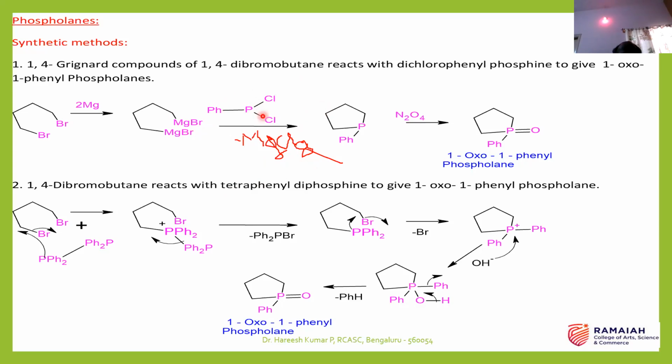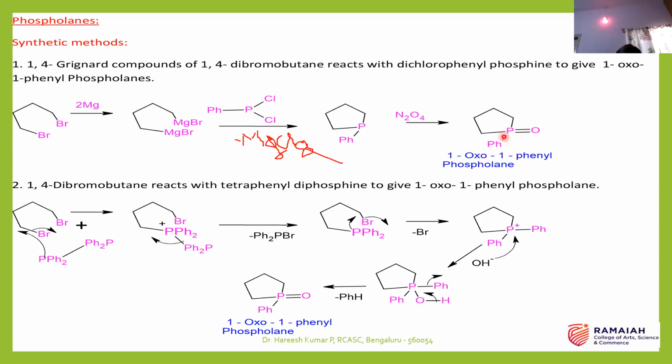And what is the name of this compound? In this compound, you can observe that 2 chloro groups are there, so the name of this compound is dichlorophenylphosphine. So it means that a Grignard reagent, more particularly the 1,4-butane dimagnesium bromide, when it is treated with dichlorophenylphosphine, gives 1-phenylphospholane. When this 1-phenylphospholane is oxidized with the oxidizing agent N2O4, the obtained compound is 1-oxo-1-phenylphospholane.